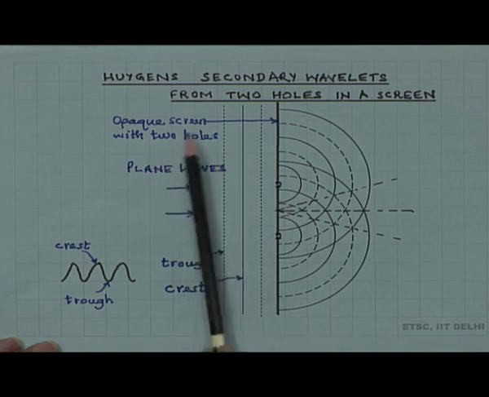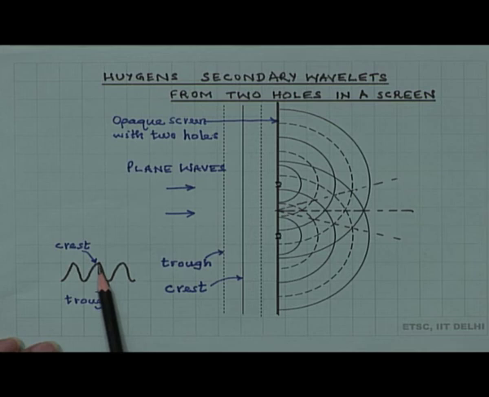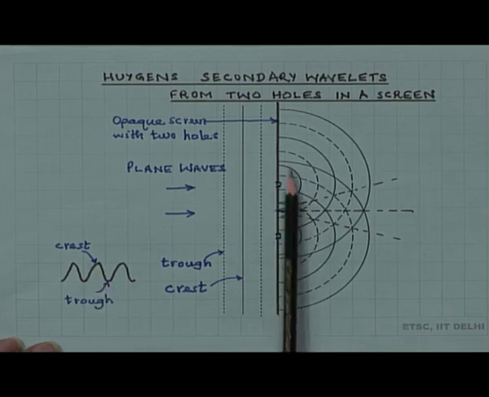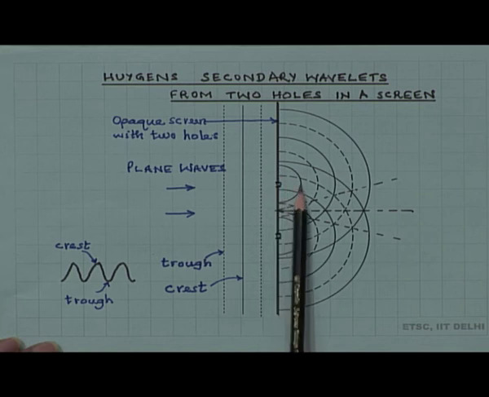So, I have shown here the wave fronts corresponding to the minima and maxima. The dashed line here corresponds to troughs and the solid curves correspond to crests.